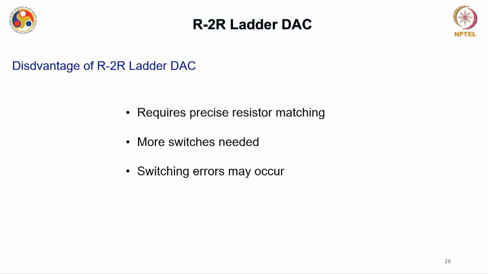This is one of the disadvantages, and from a fabrication point of view, it can sometimes become tedious. Then you require several switches, which is another disadvantage. You want to avoid switches as much as possible, because with more switches, switching errors can occur. But still, R-2R ladder based DACs are very popular.